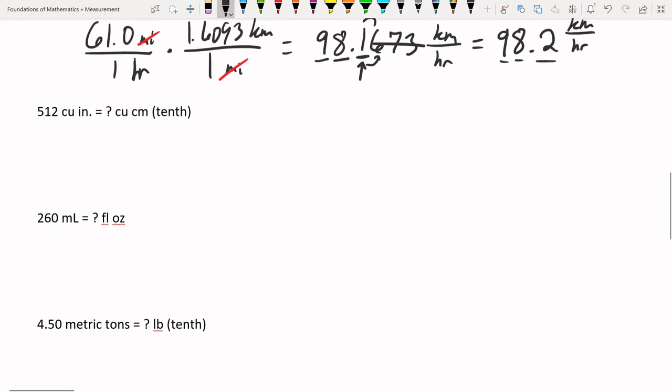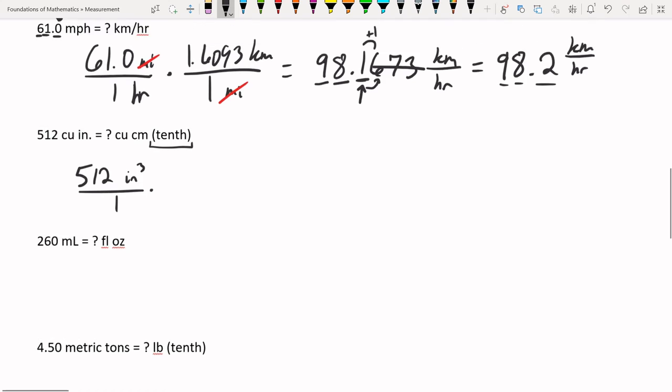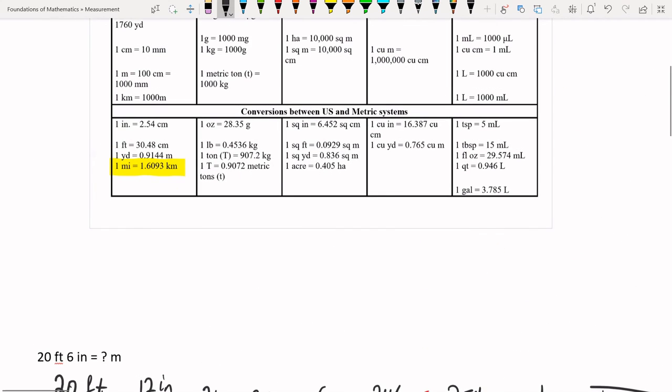So for this next one, it's telling us to round to the tenth place. We'll see if that lines up with significant figures at the end of it. So let's just do this. 512 cubic inches. You want cubic inches to cubic centimeters. Look back up here.